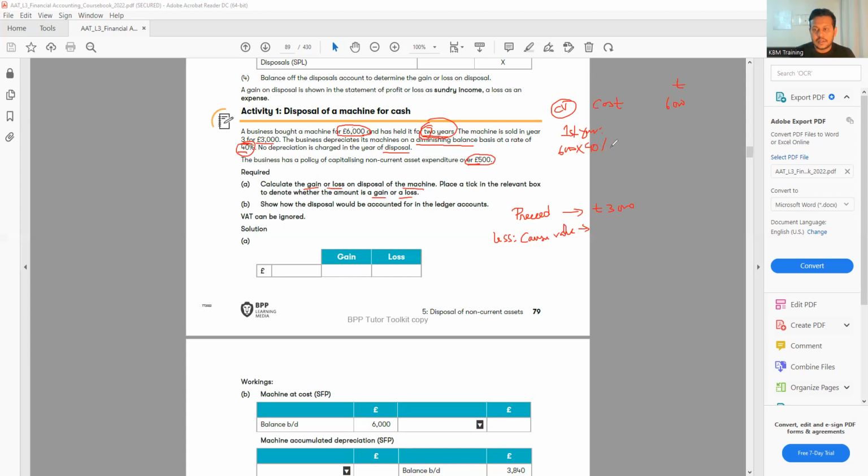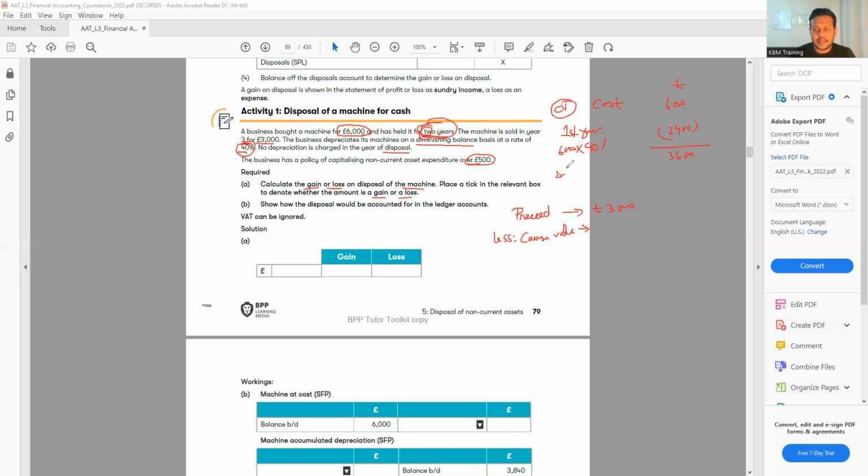And this gives me 2,400. So 2,400 we minus from here. And the carrying value after 1 year is 3,600. So at the end of year number 1, the carrying value is 3,600. But we have used it for 2 years, so we need to do 1 more year.